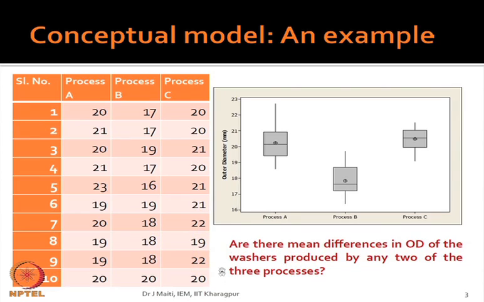So our objective here is: are there mean differences in the outer diameter of the washers produced by any two of the three processes? Under such a situation, the most widely used graphical plot is the box plot.